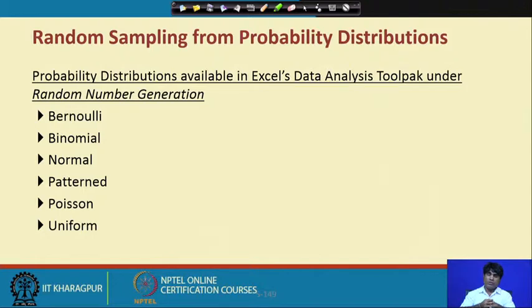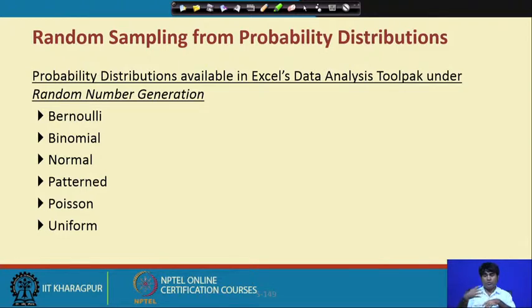So that means to create samples or sampling, we have to connect with a particular probability distribution, because the generation of sampling definitely has a connection with a particular distribution. Since we have a couple of distributions, particular problems will be connected to particular distributions.